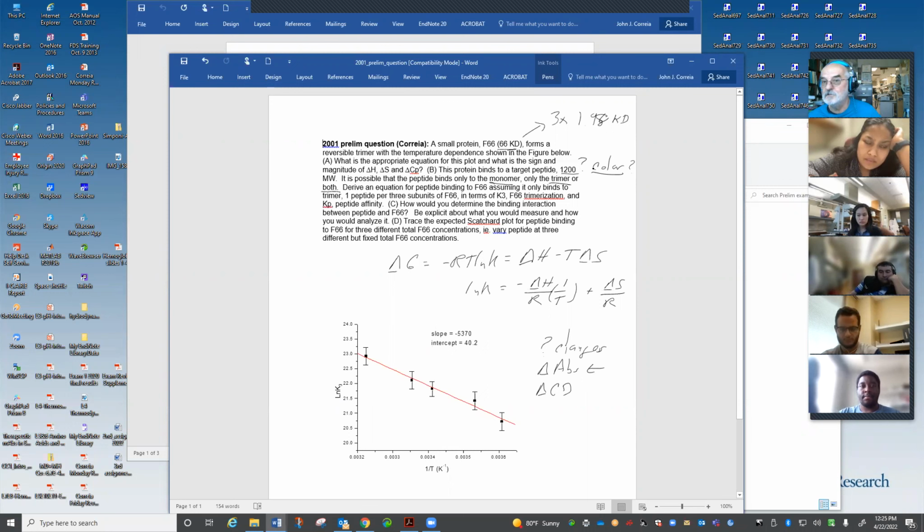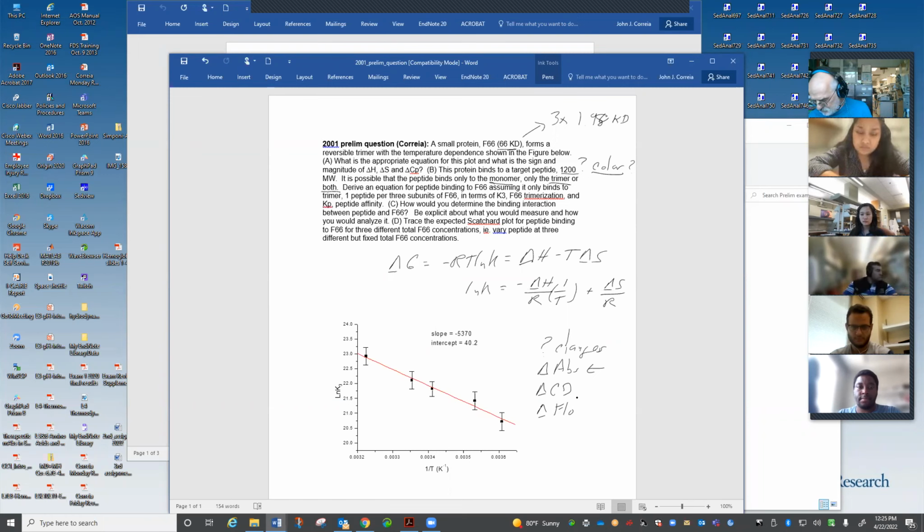Maybe when the protein assembles into a trimer, there's a CD spectral change. Maybe there's a change in fluorescence, because the environment of the tryptophans might be different. And then that environment will be influenced by a peptide that stabilizes the monomer or the trimer.